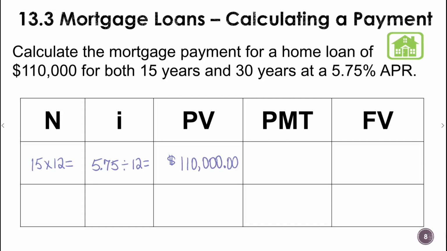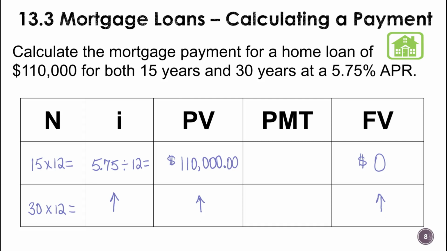All right, so these two numbers will be the same for the second loan, and future value is 0 on both. So for the second loan, you only have to enter two different things, right? It will be 30 times 12 on n, the number of periods, and then of course the payment you're computing.